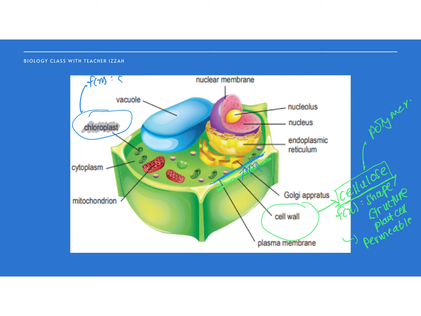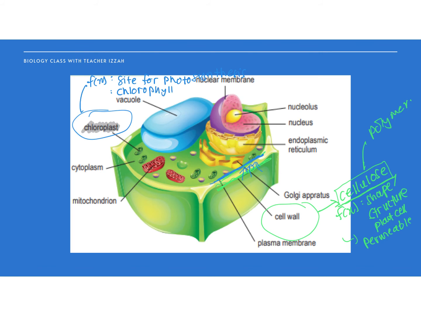Site for photosynthesis. Why does it do photosynthesis? The specific function of the chloroplast is to do photosynthesis because it has chlorophyll.